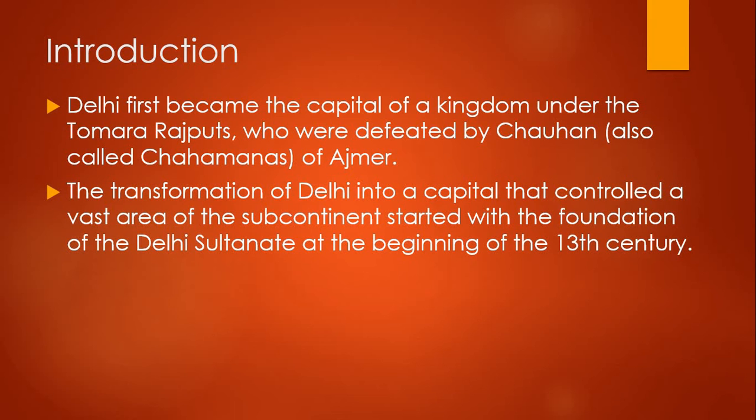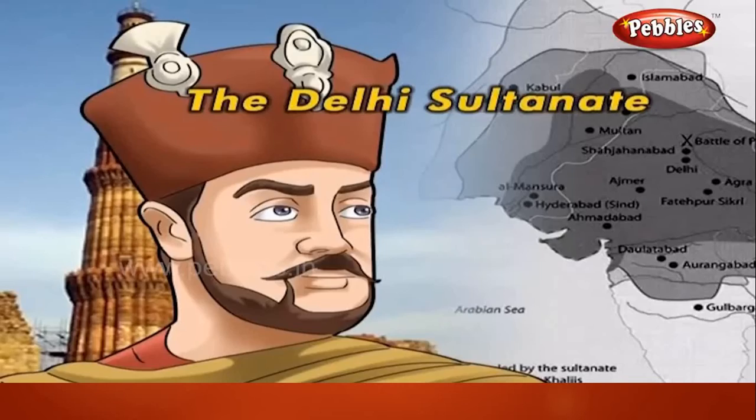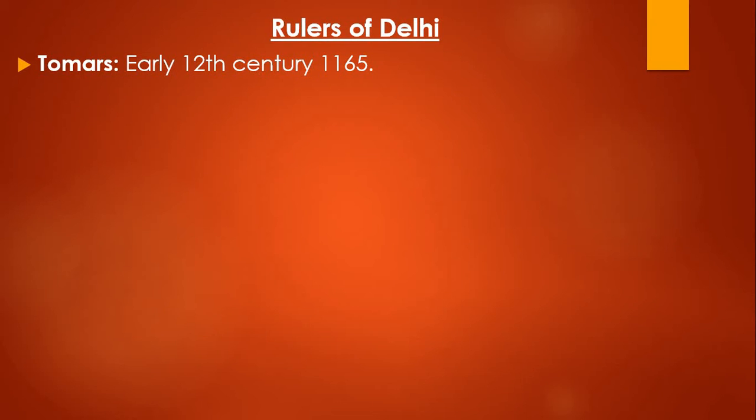The transformation of Delhi into a capital that controlled a vast area of the subcontinent started with the foundation of Delhi Sultanate at the beginning of the 13th century. In this slide, you are going to learn about the rulers who have ruled over Delhi.